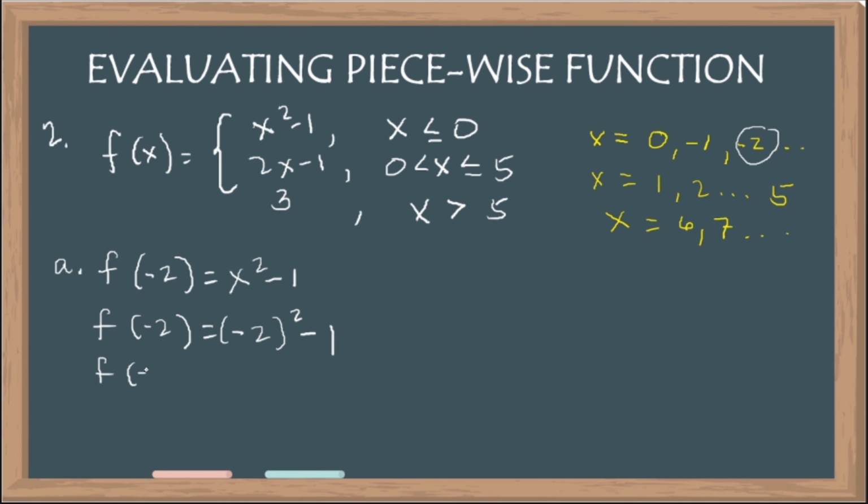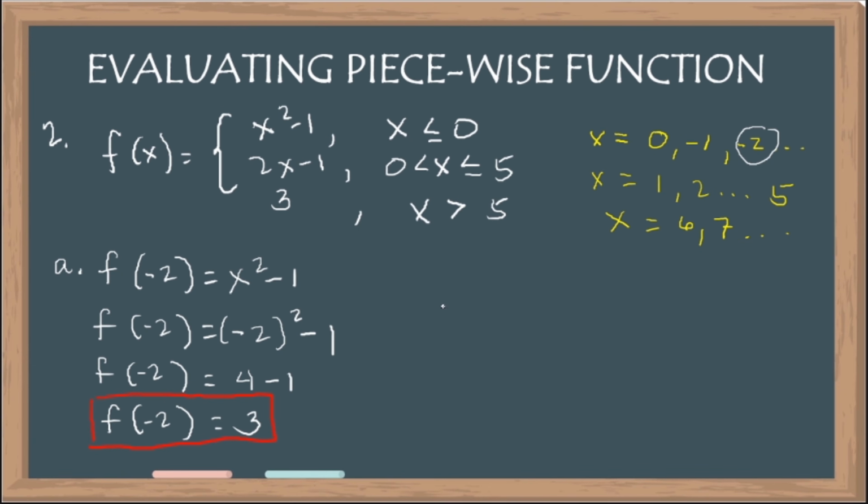So, f of negative 2 is equal to what is negative 2 squared? Remember, nasa loob ang negative. So, negative times negative, positive. 2 times 2, 4. Copy minus 1. So, ibig sabihin, f of negative 2 is 3. Kasi 4 minus 1 is 3. Okay? So, ganun lang kasimple.